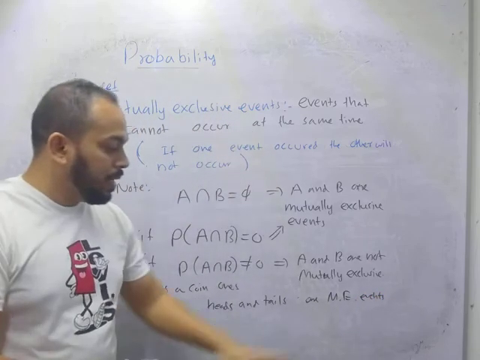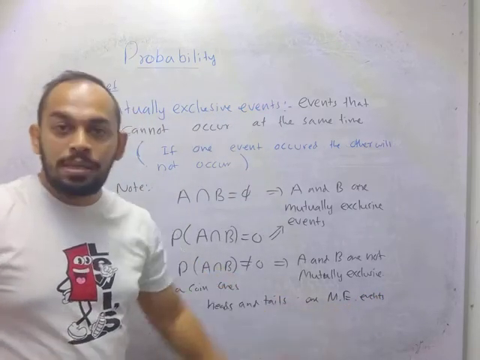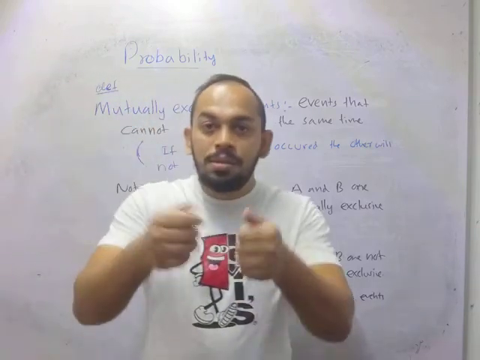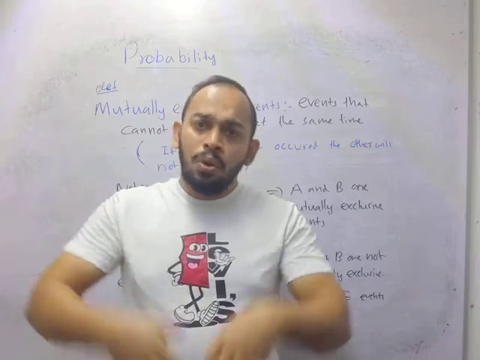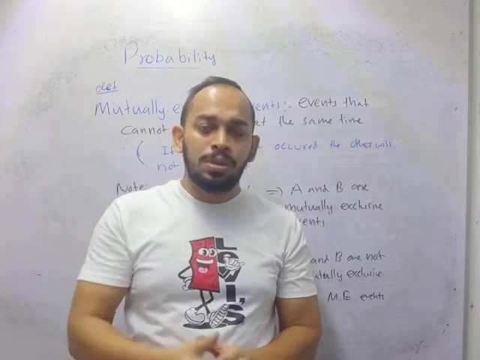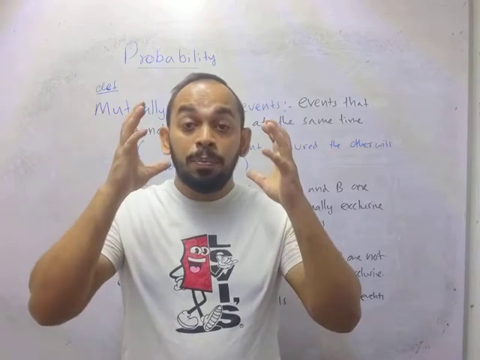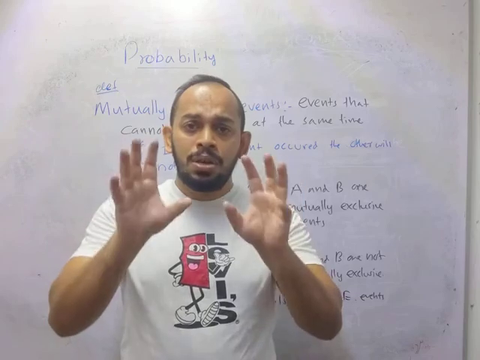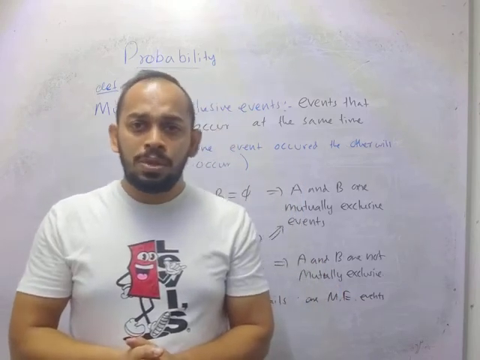So I use ME. ME means mutually exclusive. This is shorthand notation. If you toss a coin once, you can either get heads or you will get tails. Those are the only possible outcomes if you toss it once. You cannot get both at the same time. So both will never happen at the same time. Those events are called mutually exclusive events.